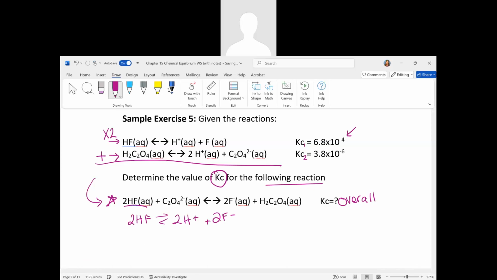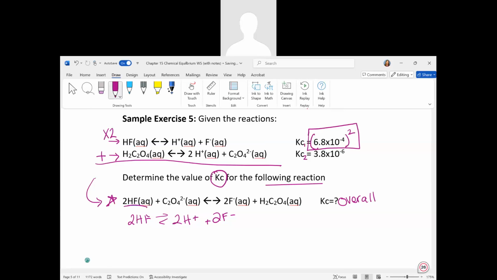When we multiply a reaction by 2, we're going to have to raise Kc to an exponent. We're going to end up squaring this value for our Kc1. Let's make a note of that: our Kc1, the final version of that, will have to be squared in our final equation.